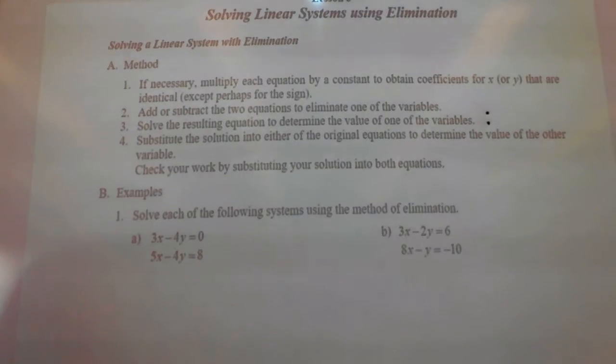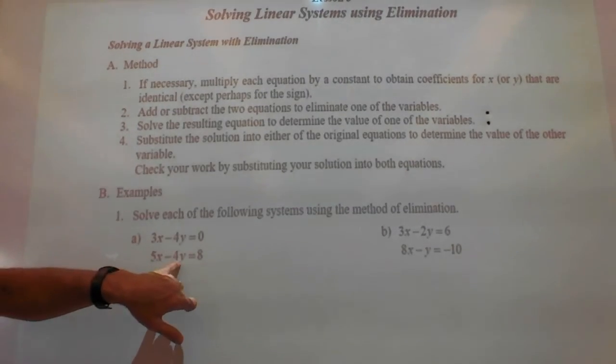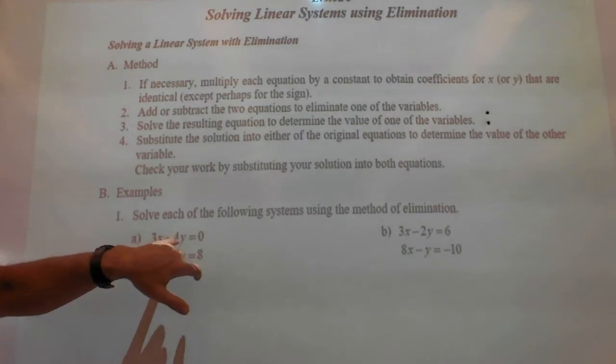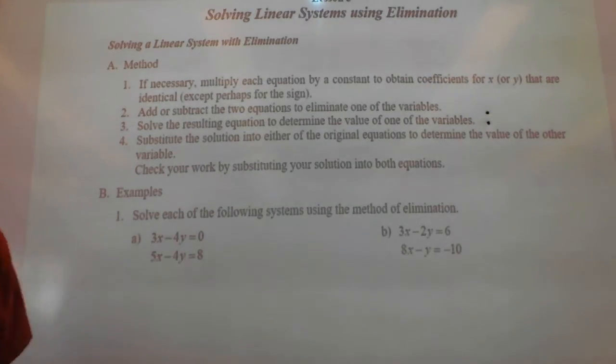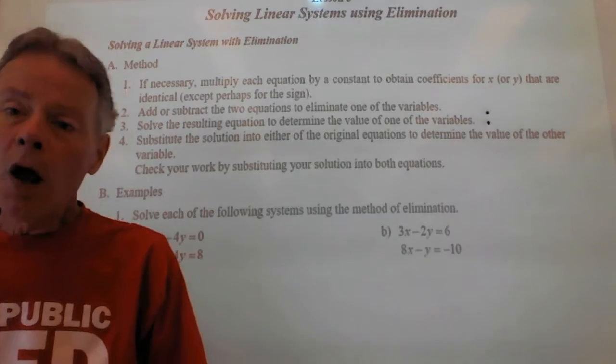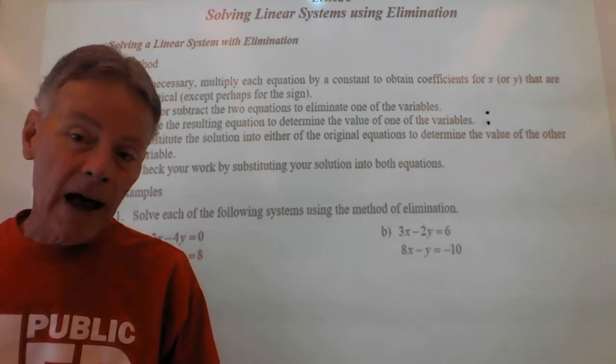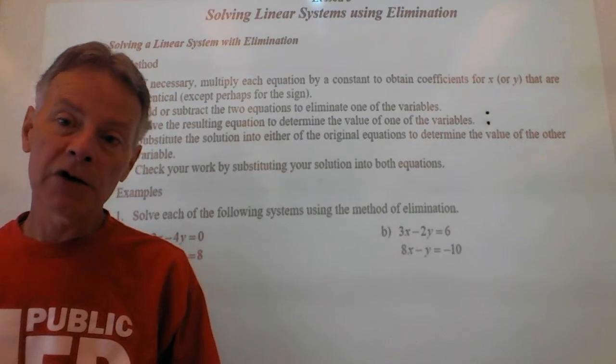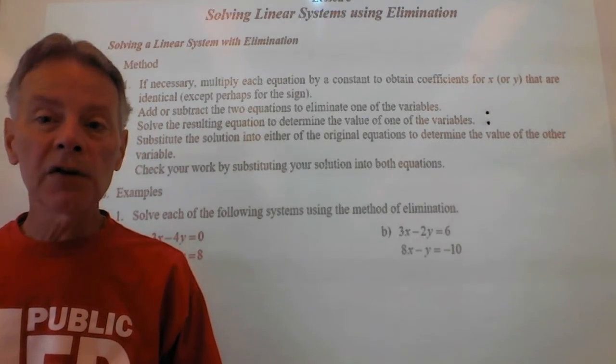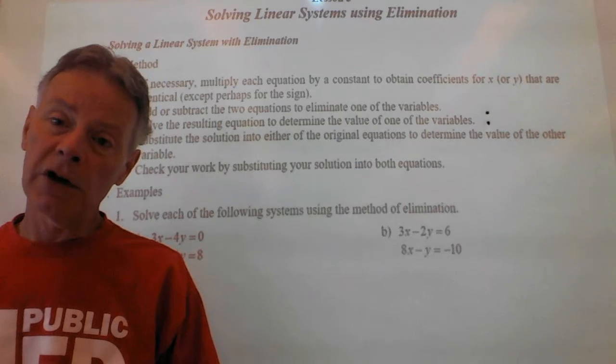And if we take a look at the first example here, you'll see that we have a coefficient of 4 on both of our y variables. Whenever you have that, or can get that through manipulating the equation, it's usually easier to use elimination.